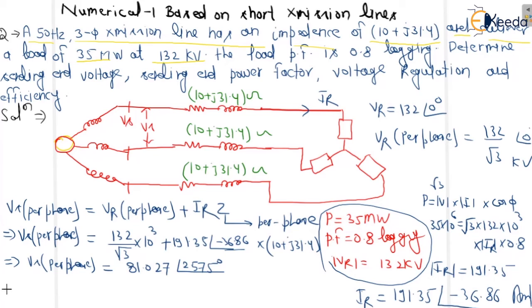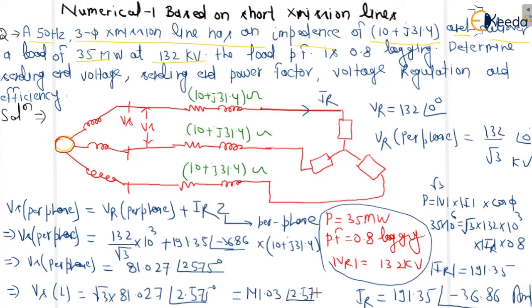But the question is not asking per phase; simply Vs has been asked, which means the line voltage. So root 3 times 81.027 at the angle of 2.575 degree comes out to be 141.03 at the angle of 2.578 kilovolt. So this is our sending end voltage.